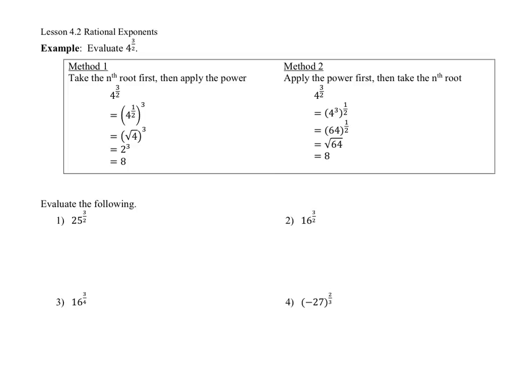Okay, so now we are going to work on evaluating expressions with rational exponents. So there are two different methods. I am going to show you both, and then you can decide which one you prefer. So here in method number 1, you would apply the nth root first, and then afterwards apply the, sorry, not power, it should be exponent.